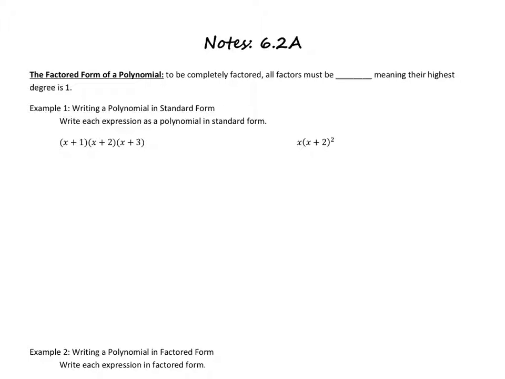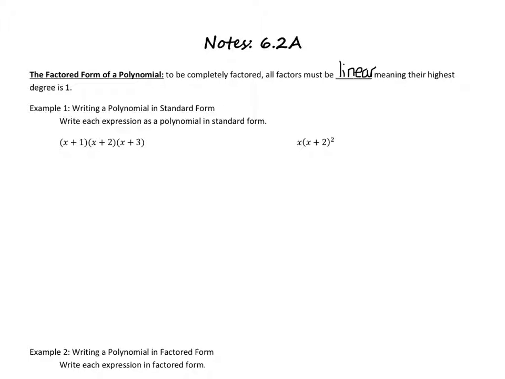Okay? We're dealing with standard form again today, but we're also dealing with factored form. Factored form of a polynomial. To be completely factored, all factors must be linear, meaning their highest degree is 1. So any x's have to have the degree of 1, nothing higher.